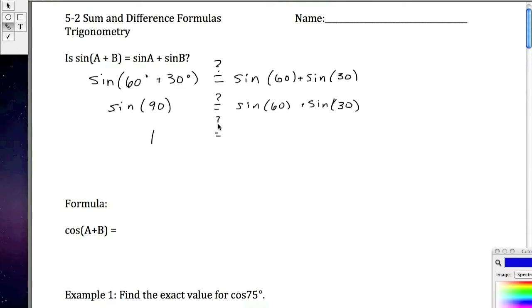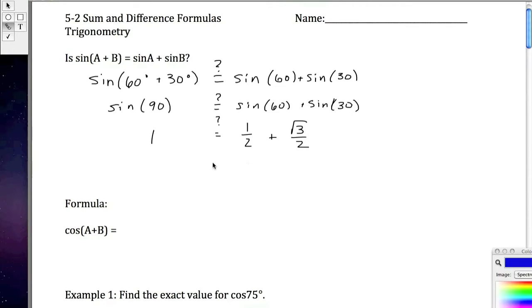And the sine of 60 is square root of 3 over 2, and the sine of 30 is 1/2.